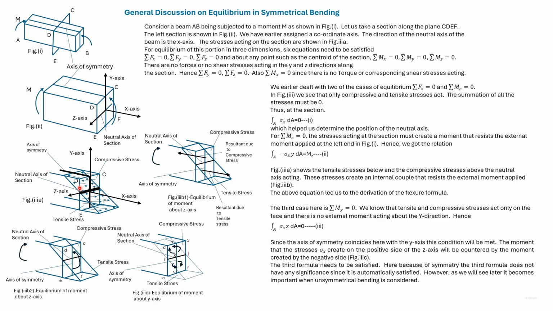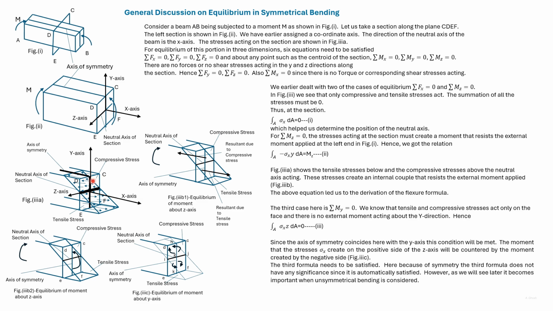Consider this quadrant. So the quadrant is P, H, G, I. There are compressive stresses acting. These compressive stresses will create a moment about the y-axis, which is shown by the arrow here.